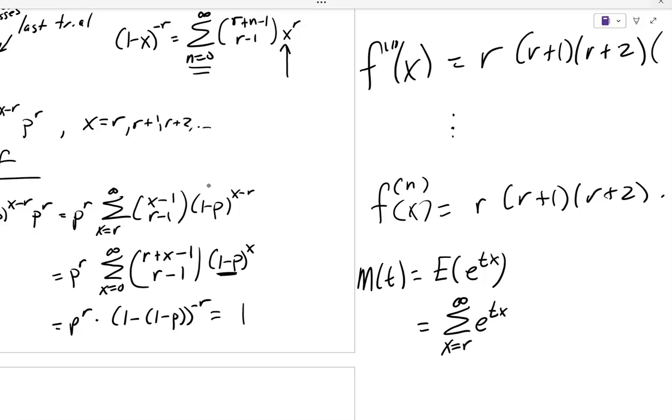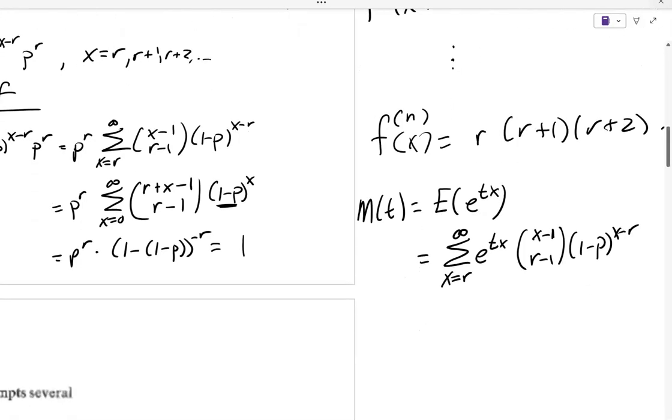So we'll do e to the tx times our PMF. And now we'll do the exact same thing we just did. Reindex. Oops, I forgot my p, didn't I? Let's reindex.